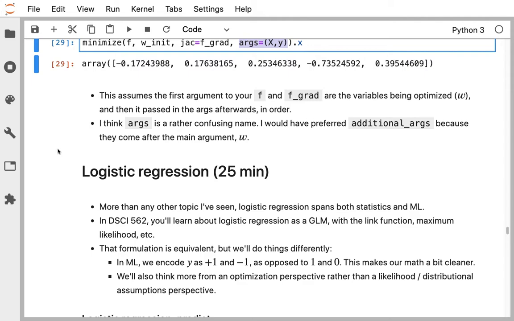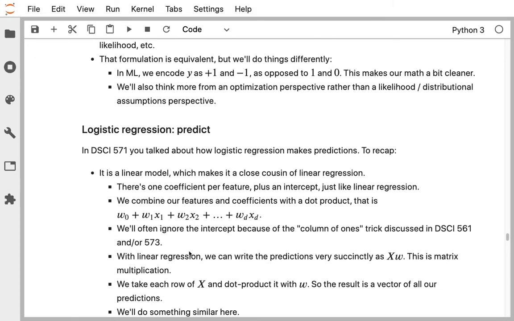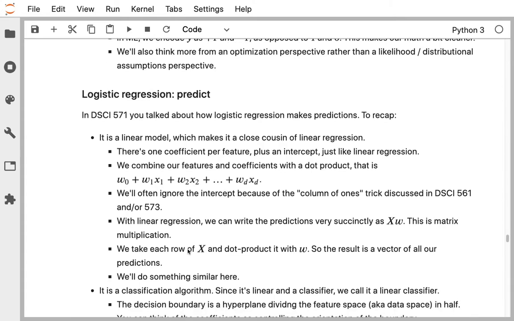And this is just going to make the math more elegant, as you'll see shortly. Second of all, we're also going to take more of an optimization loss function perspective rather than the distributional assumptions, Bernoulli link function perspective.